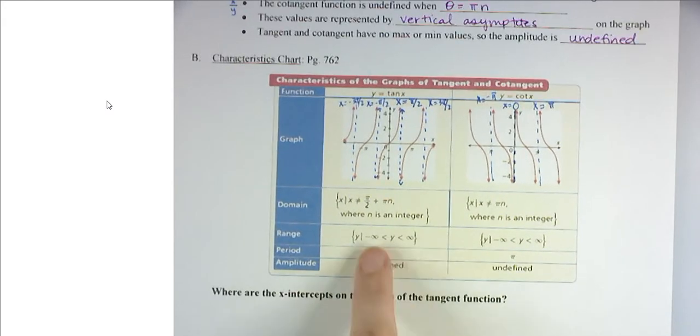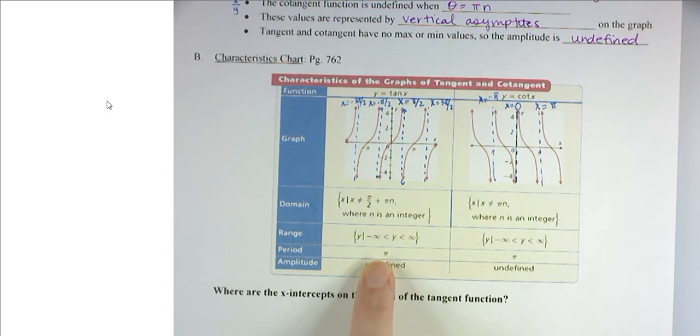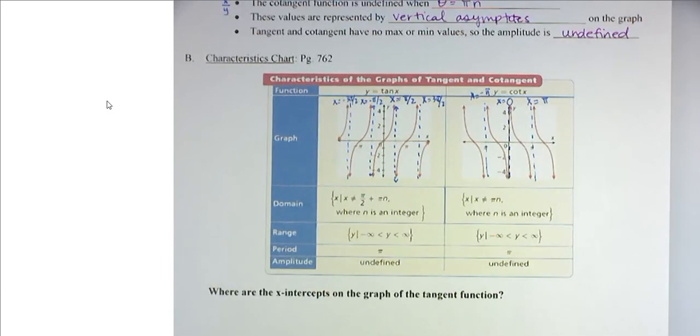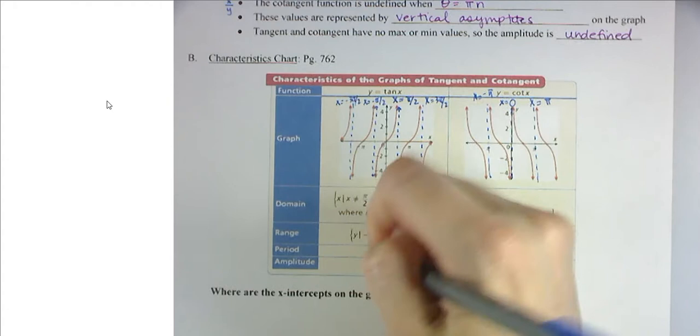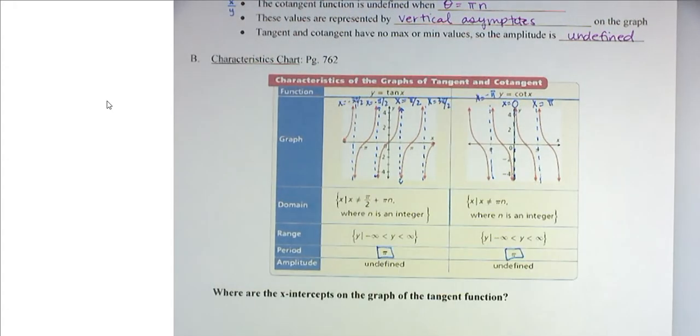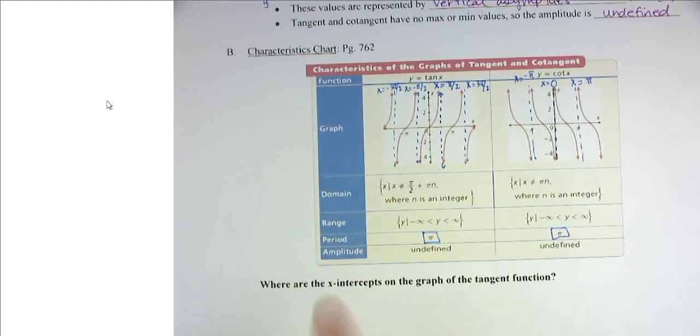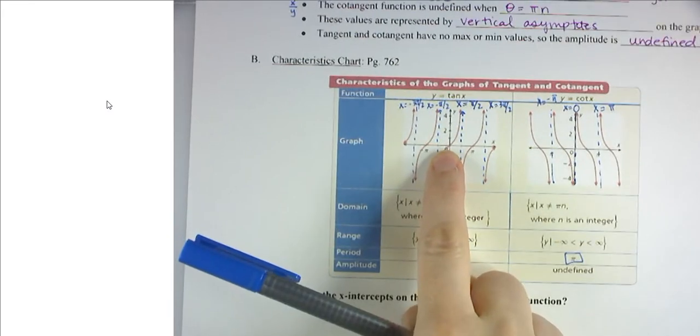Now the period for tangent is pi, so that's a little bit different because cosine and sine were 2 pi. Tangent and cotangent repeat themselves every pi units. And this is where the x-intercepts are on the graph of the tangent function. The first x-intercept would be at 0, okay?